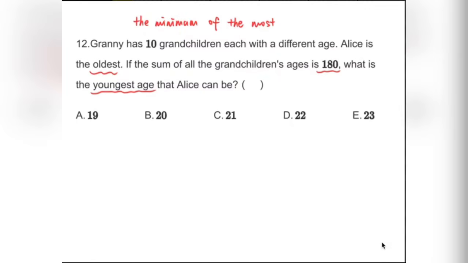Okay, firstly, maybe we can try to figure out the average. So for the average, that is 180 divided by 10, which is 18. But can all the children just be 18 years old? No, they must have different ages. So here, let's have a look. How can we change these numbers?